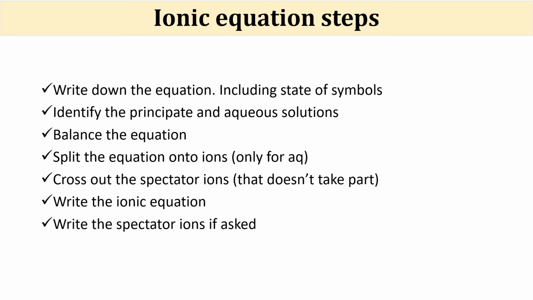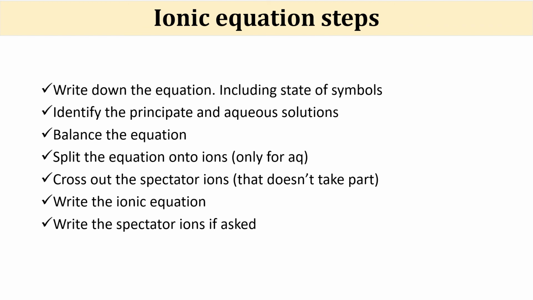Let's review the steps involved in writing an ionic equation. In the first step, we write down the equation including the state symbols, for example solid, liquid, aqueous or gas. Then we identify the precipitate and aqueous solutions. We balance the equation and then split the equation into the ion form, only for the aqueous solutions.